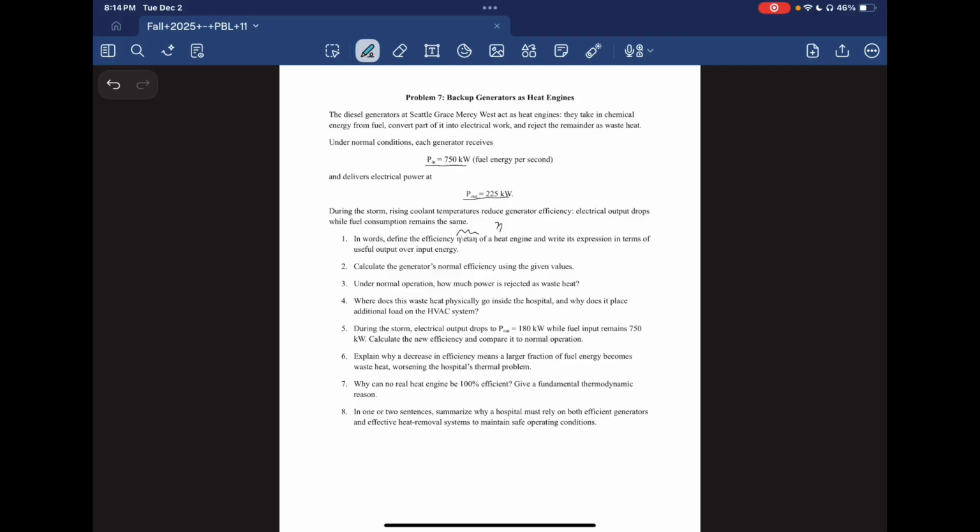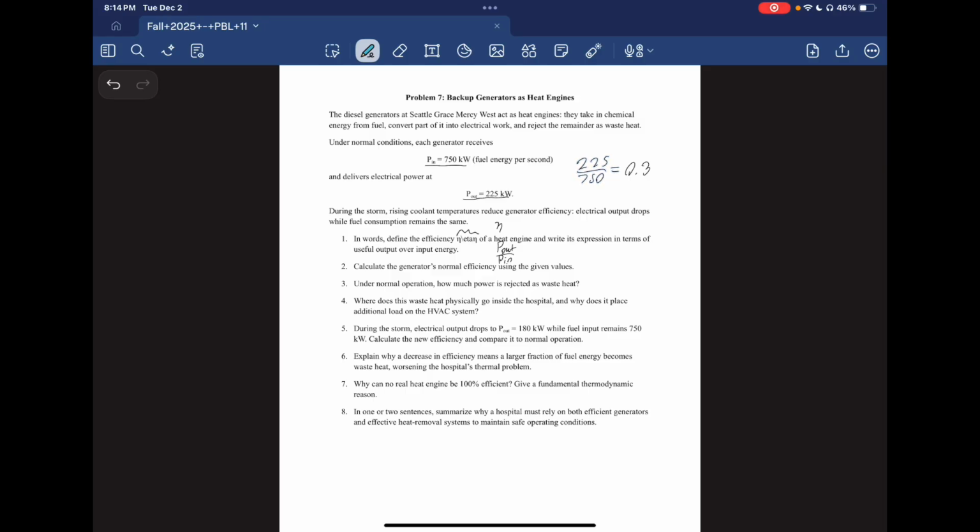So the expression for this is going to be P out over P in, and I'm just going to give that to you guys. But this gives us the efficiency of a heat engine. And so for our values, we have 225 over 750, and this gives a value of 0.3.